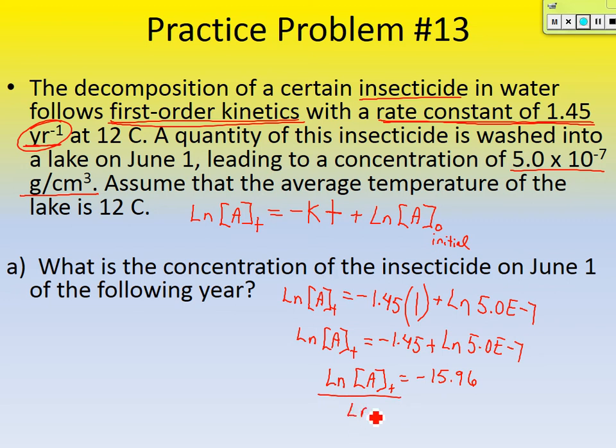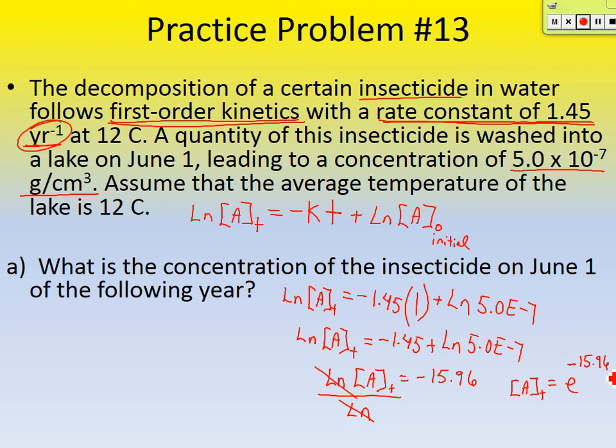Usually we would divide, but the inverse of natural log is e. So we can get rid of natural log by doing e to that power. So here's what I mean. The concentration of A at some time is going to be equal to e to the minus 15.96.